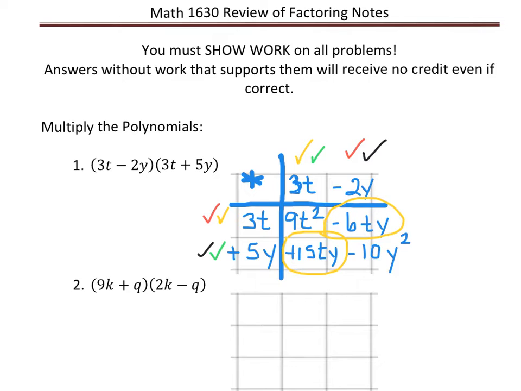And so plus 15ty and minus 6ty are like terms, and therefore our final answer for this problem is going to be 9t squared plus 15 minus 6 is plus 9 ty minus 10y squared.